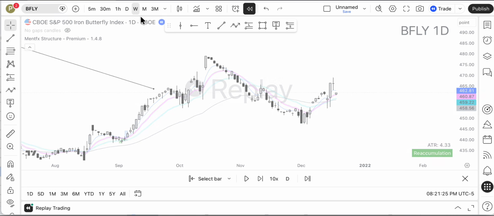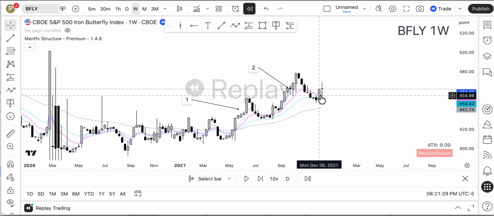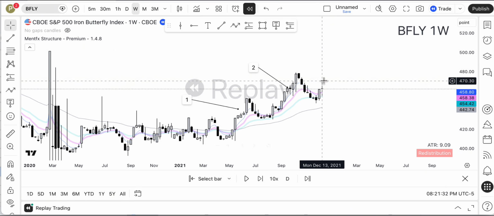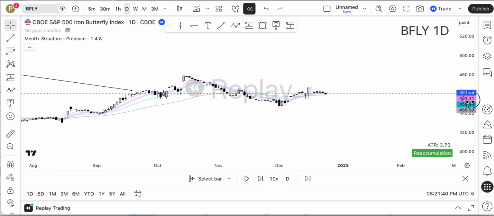Validation, not clear. Okay, so we're looking for a rise up and then a pullback to the 10 and 20. That can be a valid place to look.